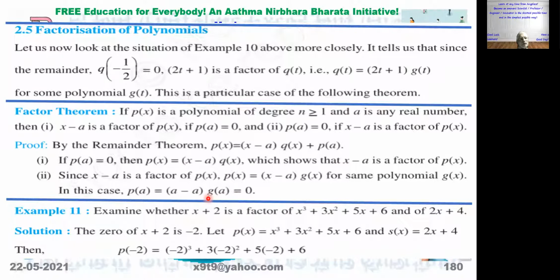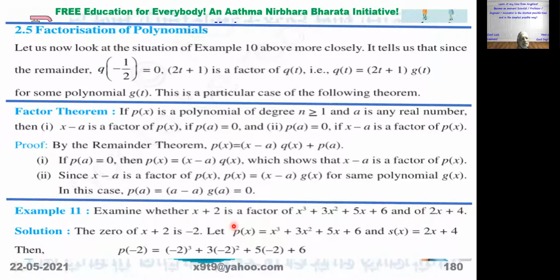Then if the remainder is 0, then x plus 2 is a factor. Alternatively, we can make x plus 2 equal to 0, therefore x is equal to minus 2. So, the zero of x plus 2 becomes minus 2.